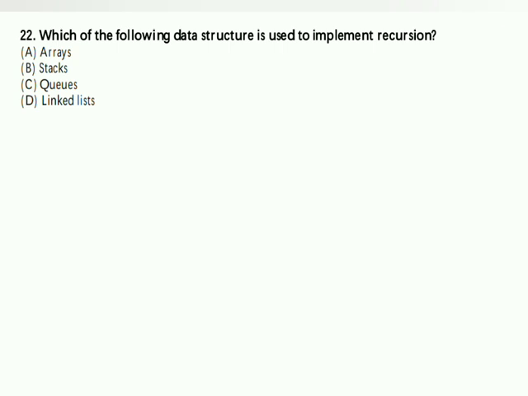Recursion is a technique of solving a problem by calling the same function again and again until some breaking condition where recursion stops and it starts calculating the solution from there on. In order to calculate the final solution, we need all the values in reverse order, that is a last in first out data structure. Hence, stack is the best choice for recursion. Option B is the correct answer.